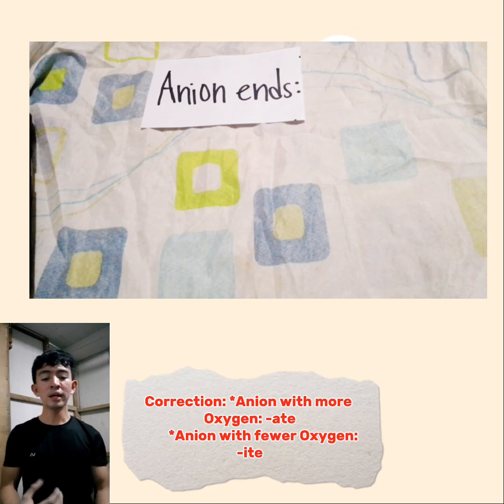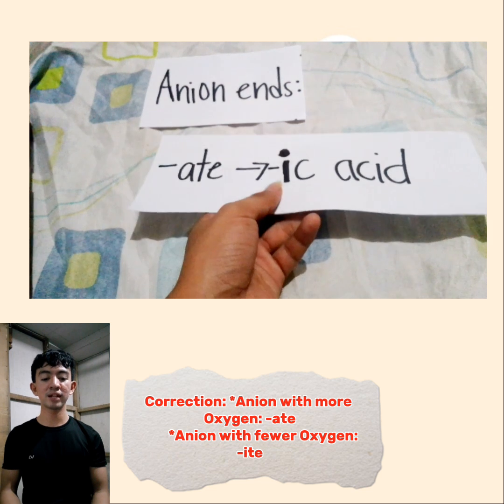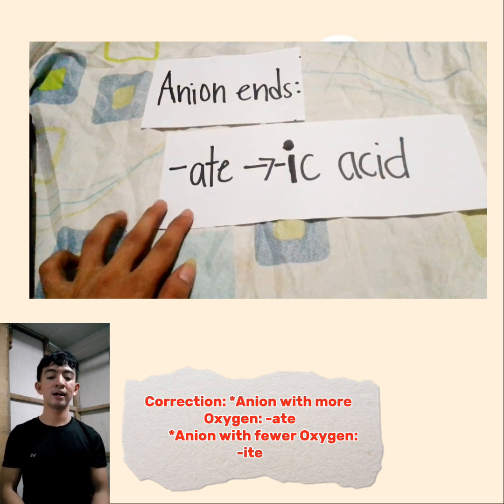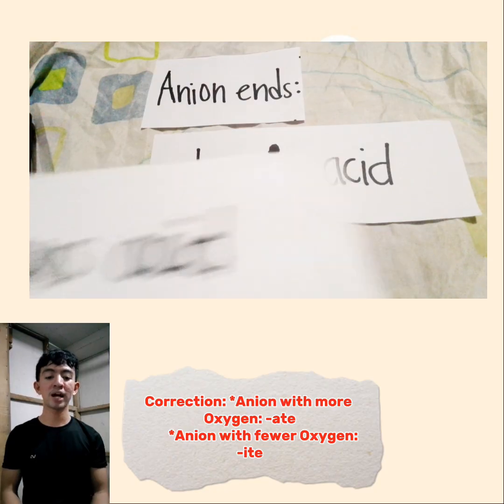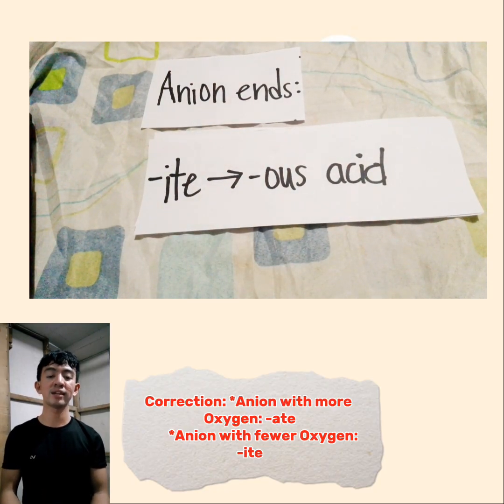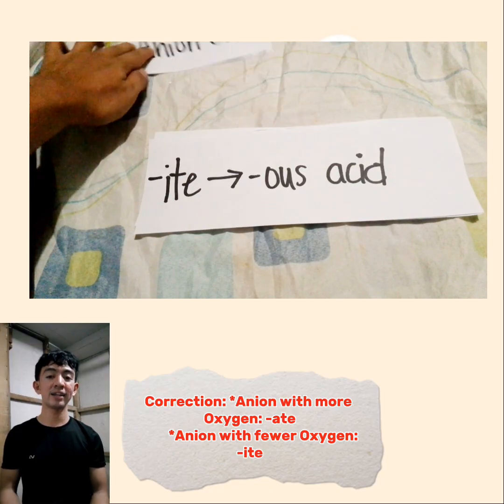So if the polyatomic ion has the most number of oxygen, then it will get the ending ATE, and the second polyatomic ion with the most number of oxygen will get the ITE ending.